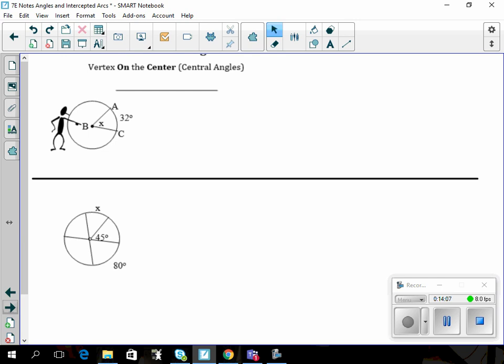If you look at the first example, it says vertex is on the center, right? Central angles. Underneath each of those, you should see a blank, and that's where we're going to write our formula. And it's all going to be about what the measure of the angle is. So in each case, we're going to say that the angle measures equal to something. And it's different for each of the 4 cases.